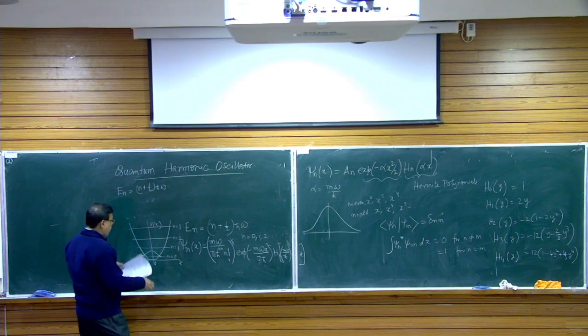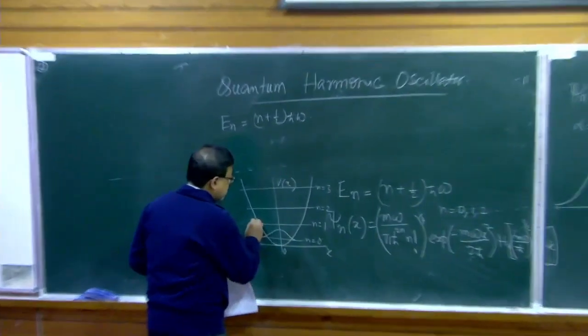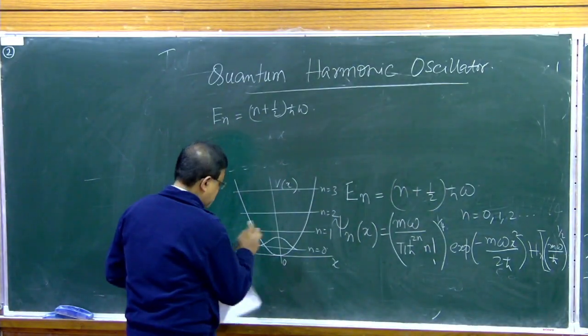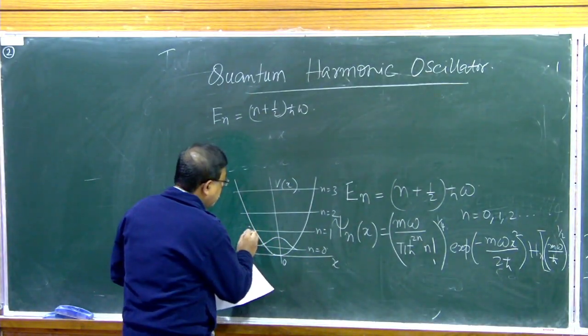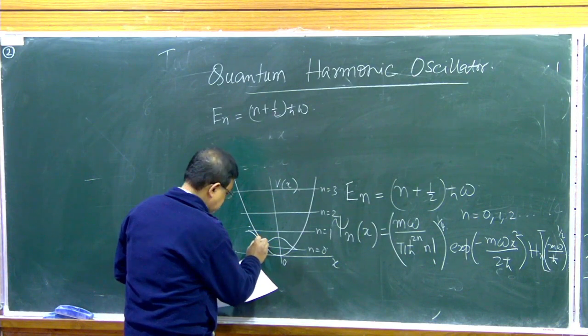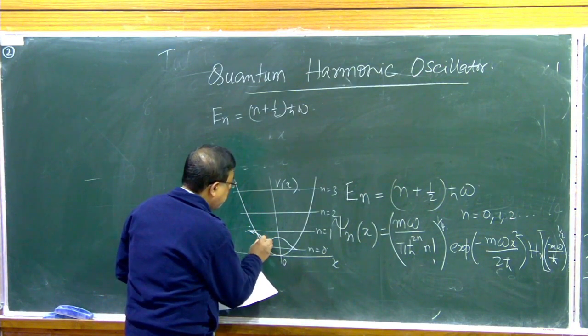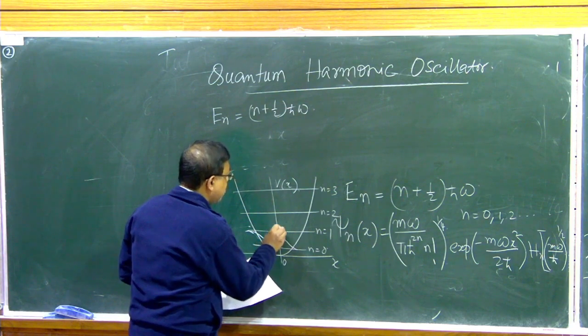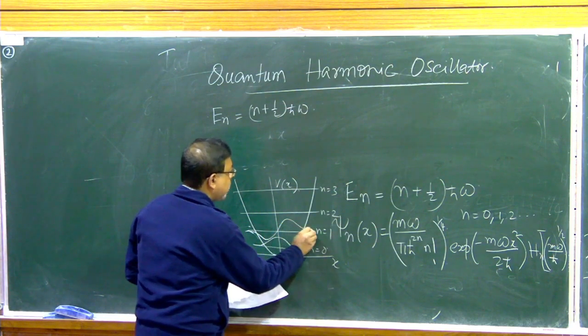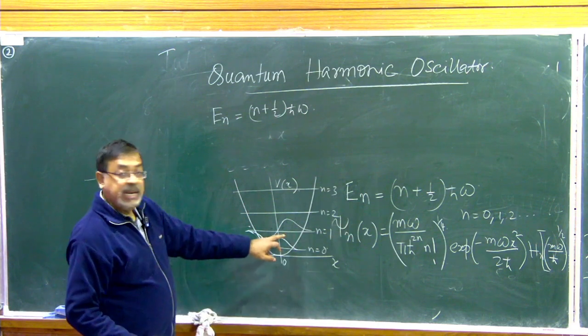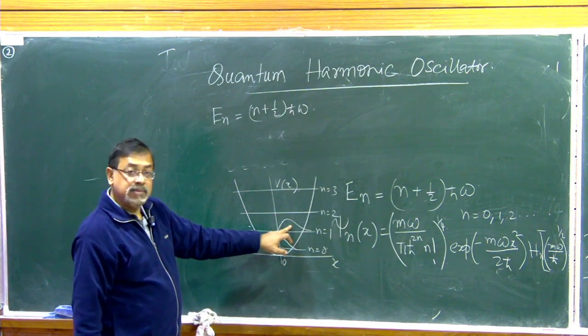The second one is getting a little cramped, but it doesn't matter. So this is the n equal to 1 wave function.